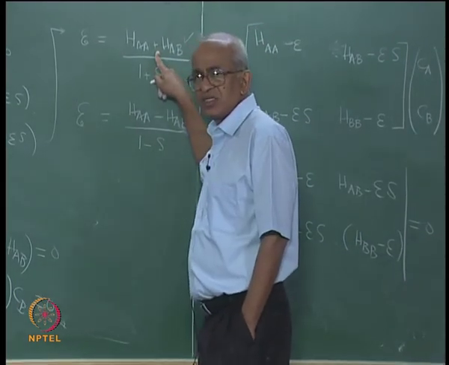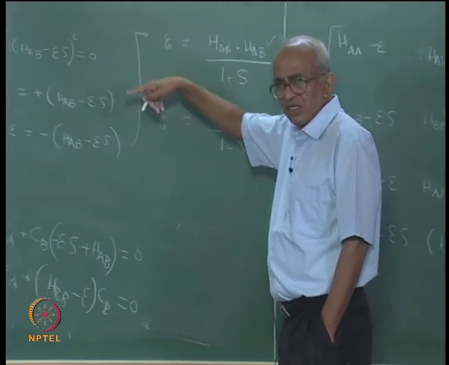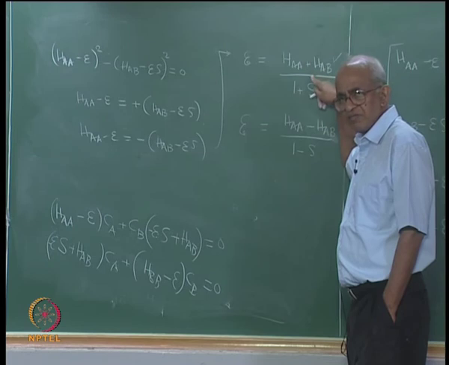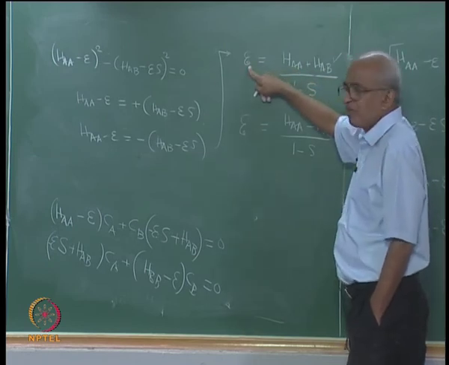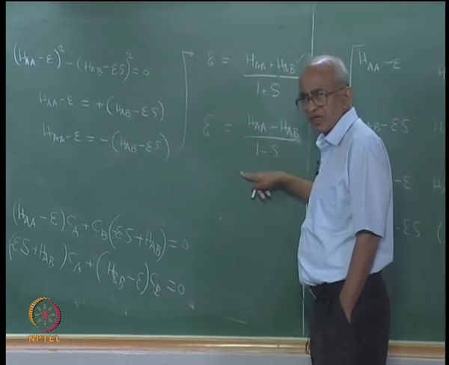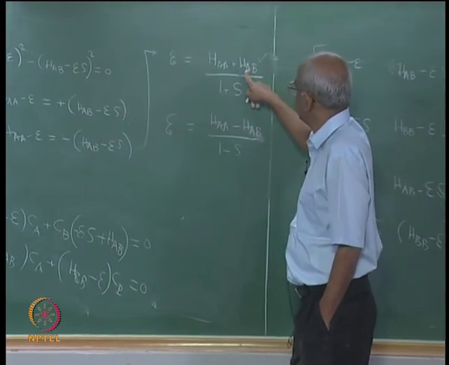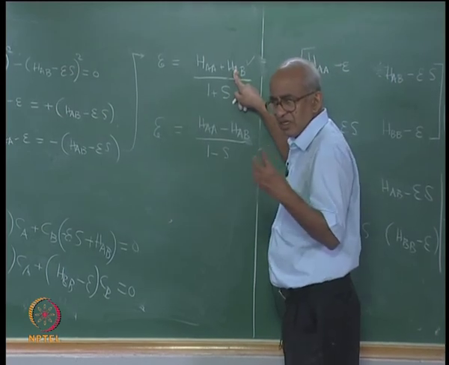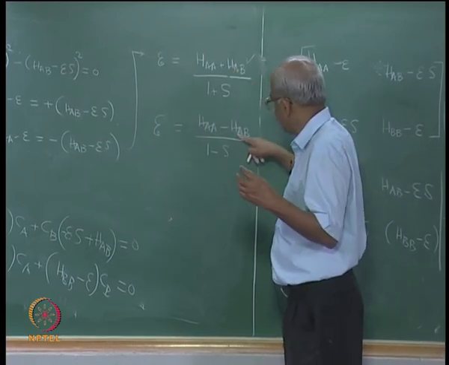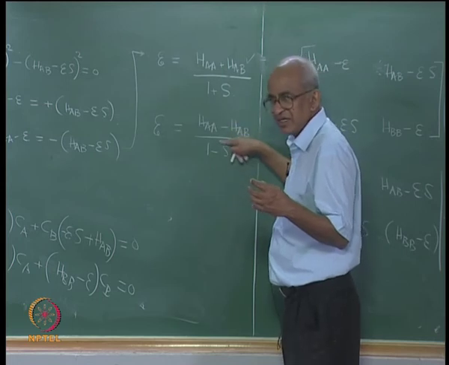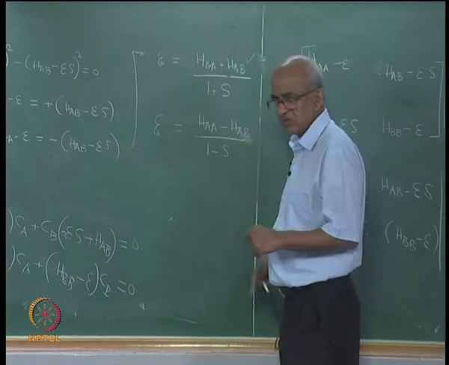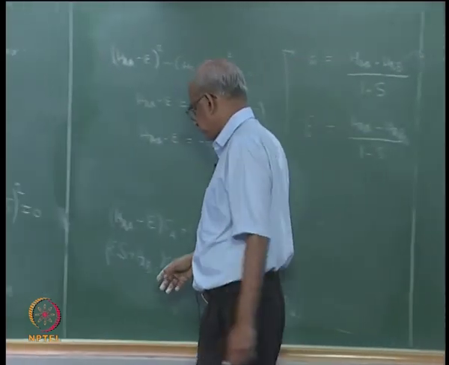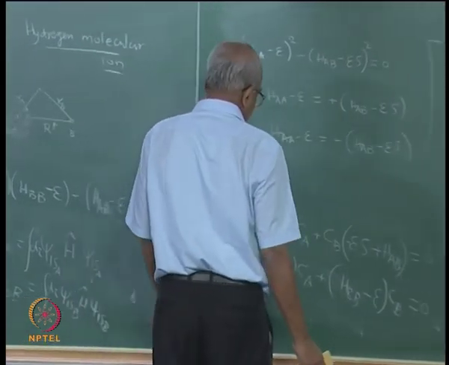When you evaluate this integral, the expression for the integral is written earlier, you will find that HAB is negative, because of which this is lower and that is having a higher value, because if HAB is negative, you have some number from which you are subtracting a number, while here you have some number to which you are actually adding a number because of the negative sign. So, therefore, you have these two solutions.